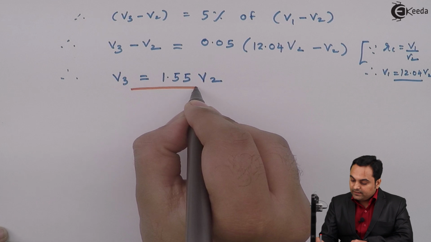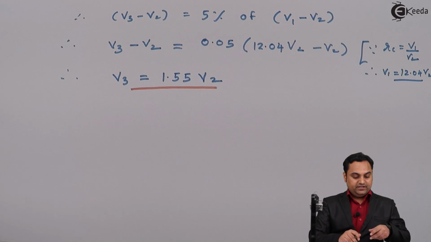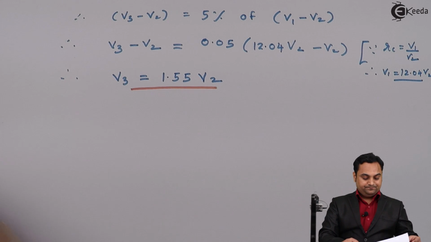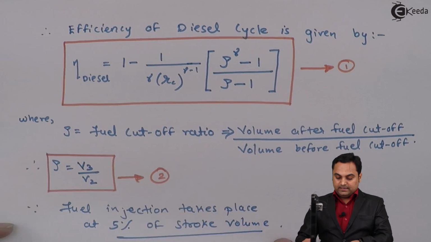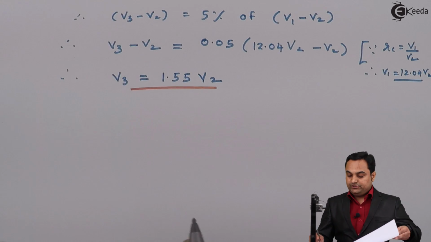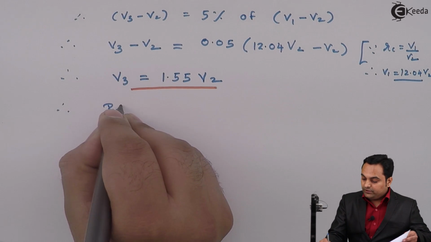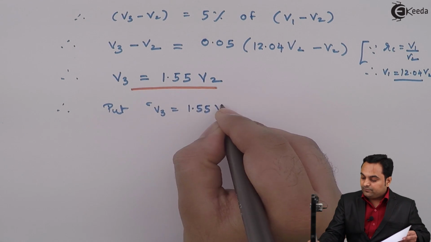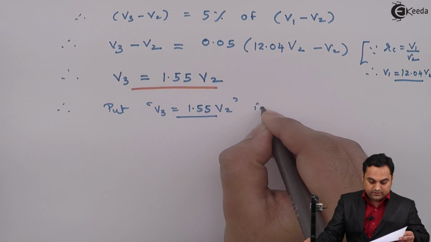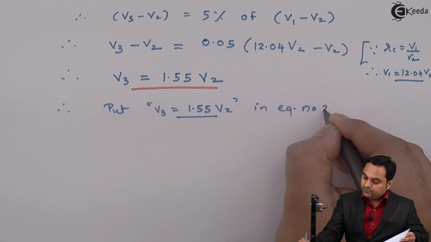Next, I will put this value of V3 in equation number 2. So therefore put V3 is equal to 1.55 times of V2 in equation number 2.